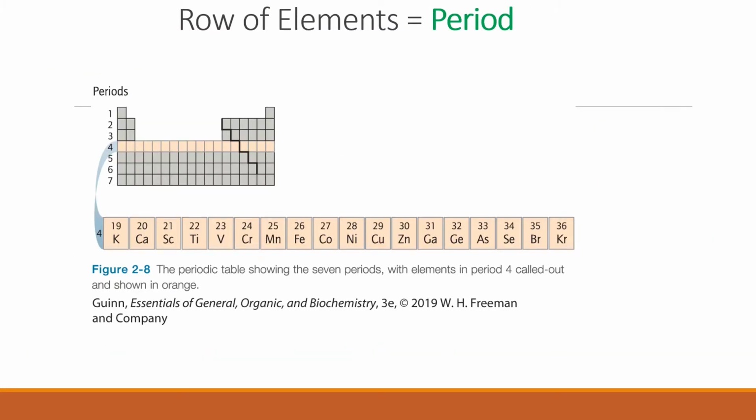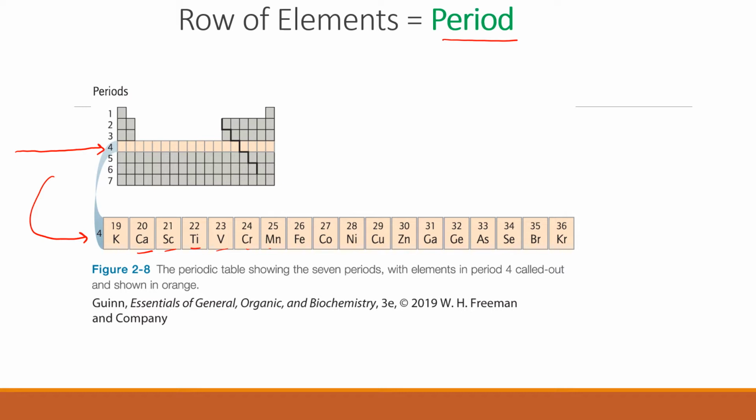A row of elements in the periodic table is referred to as a period. For example, in this figure, the fourth period is shown here, and in the fourth period we have elements such as potassium, calcium, selenium, titanium, vanadium, chromium, manganese, iron, cobalt, and so on.